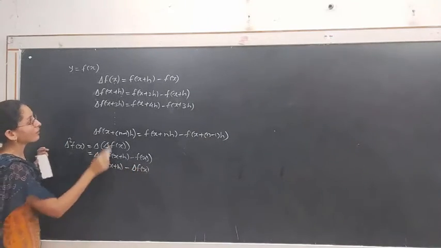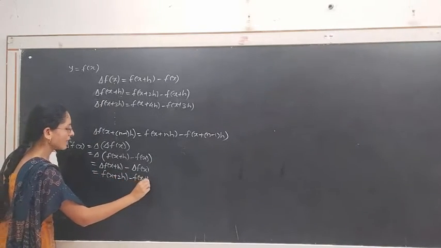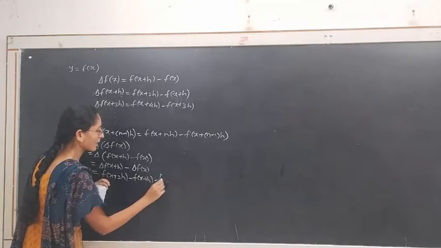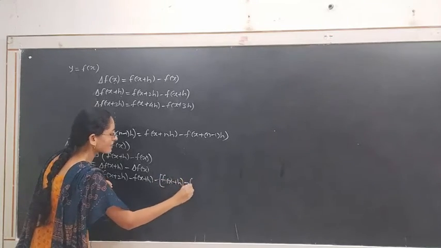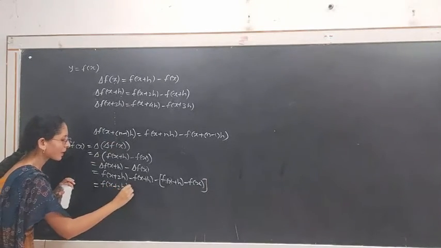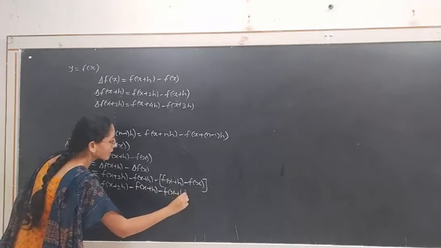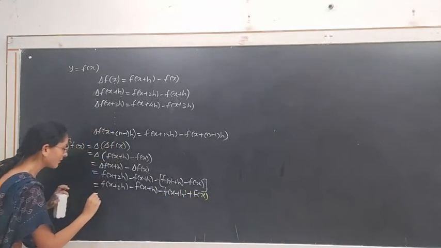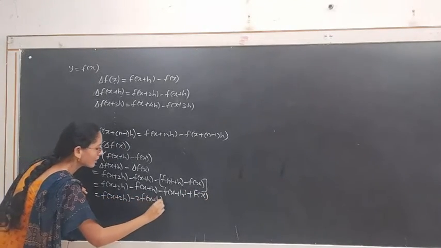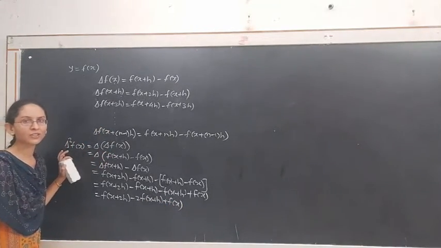Del f of x plus h is f of x plus 2h minus f of x plus h, minus del f of x, whose value is f of x plus h minus f of x. This is equal to f of x plus 2h minus f of x plus h minus f of x plus h plus f of x, which is equal to f of x plus 2h minus 2f of x plus h plus f of x. This is the second order forward difference for the function f of x.